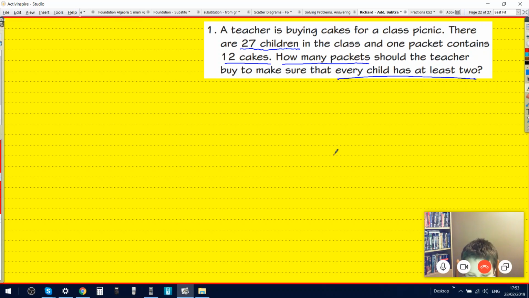Now we need to do, so read it, underlined some of it. Now I think we need to do 27 plus 12, which gives us an answer of 39. And why would you add those two? I'm not sure. Wait, hang on.